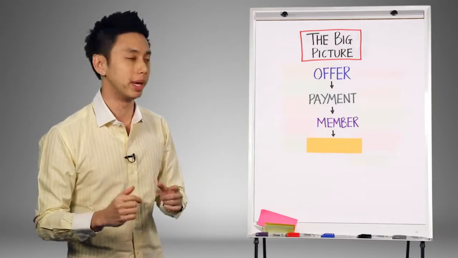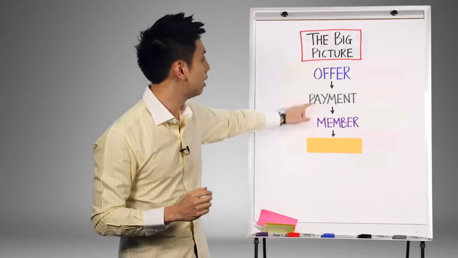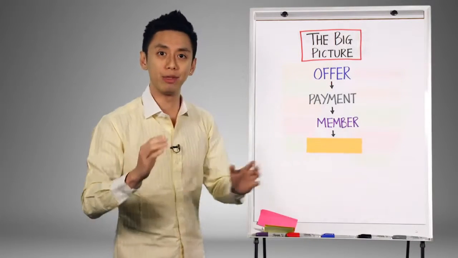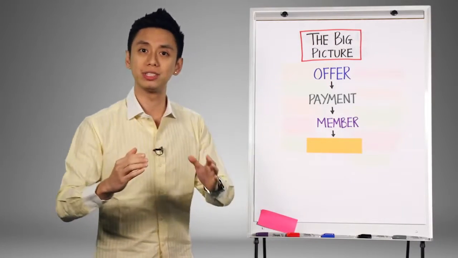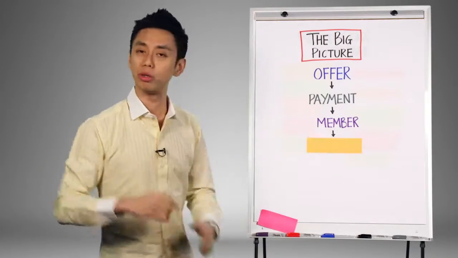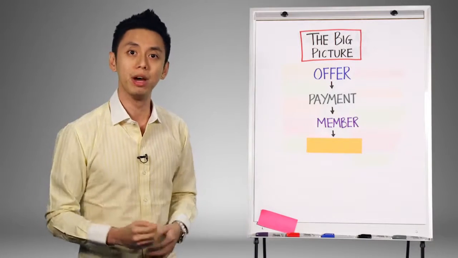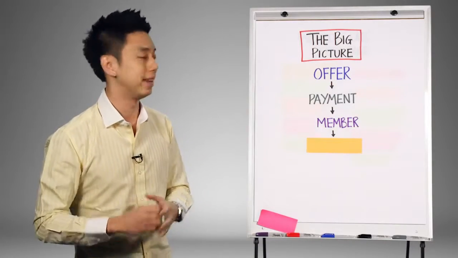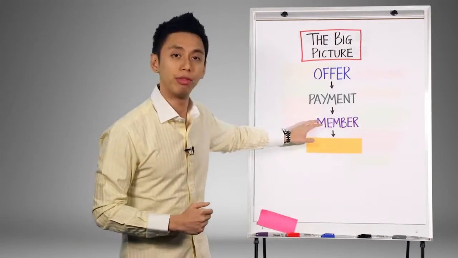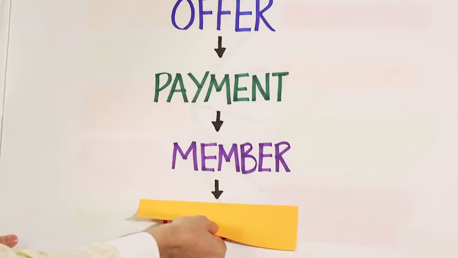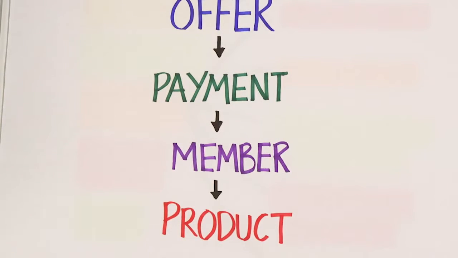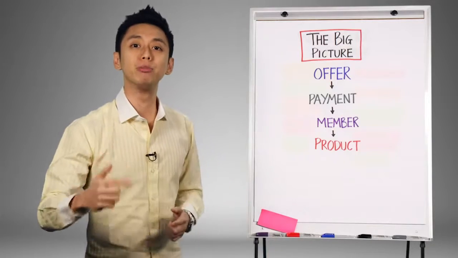This member page will be available to only those that made payment to you. And those that bought your product, they will be automatically taken to this member page. Now, this is the page where you thank them and you congratulate them for making the right move and investing in your product. And on this member page, this is where you'll also include, and this is the final step, where you include your product for them to download.